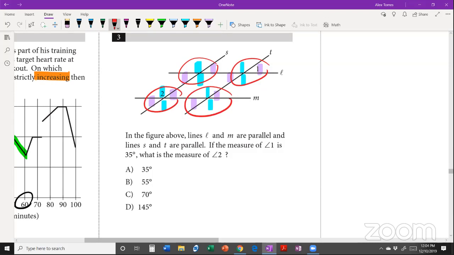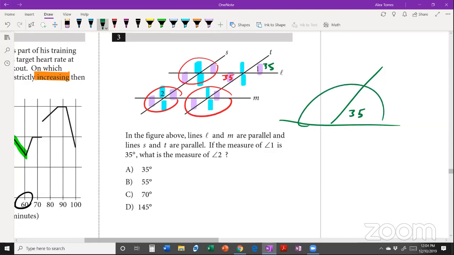So with that same fingerprint, it's easy to say that if angle 1 is 35, then this other purple angle must also be 35. So you have 35 here and 35 here. Now, in terms of the pairing of one blue and one purple angle, those are just linear pairs. If this is 35, these 2 angles here have to add to 180.